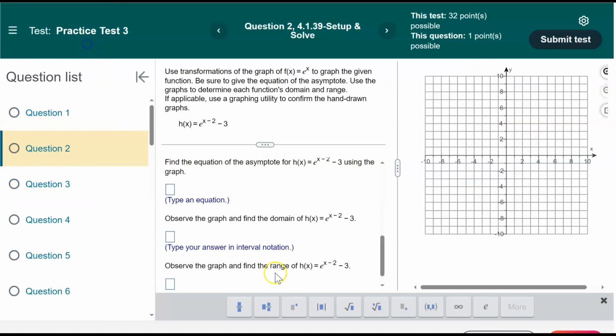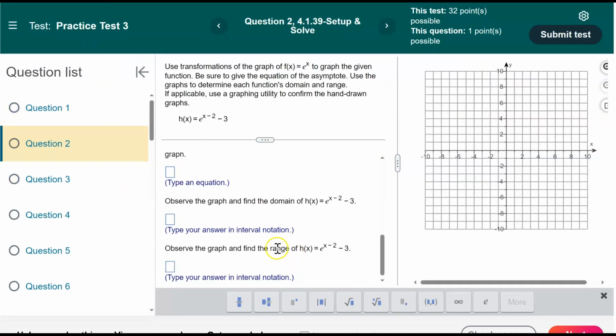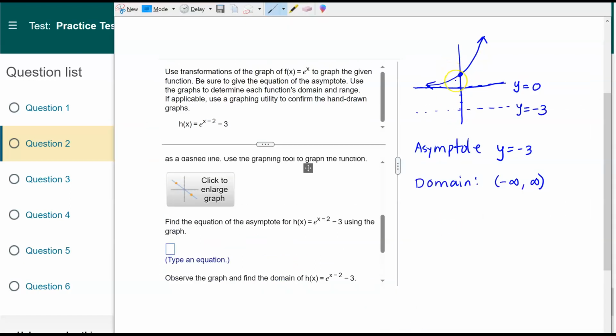Okay, then for the range, how would you graph the range? For the range of the function, we have this exponential function. Now, this function here will be shifted 2 units to the right. So let's take a look at that point.